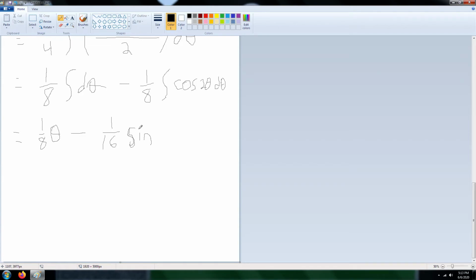Make sure this is an S, not a 5. Okay, sine of 2 theta. Alright. And then don't forget to add C.